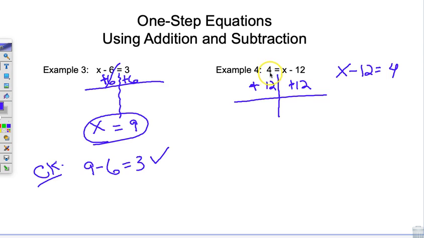I'm going to add straight down. 4 plus 12 is 16. I'm going to bring down that equal sign. Here's my x, and negative 12 plus 12 is equal to 0. So I'm just going to cancel that out. So there's my answer, and I'm just going to circle it. Now I can go back and check my answer by plugging that 16 back into x. Is 16 take away 12 4? Yes, it is.